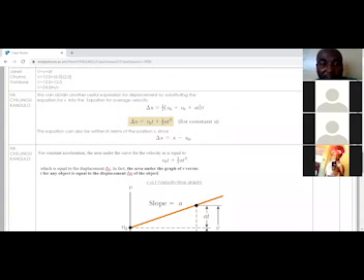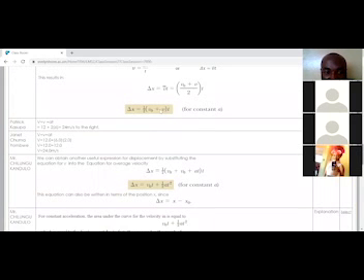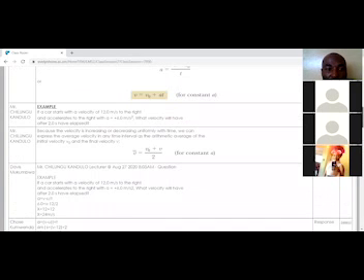So now, if that is the case, we get this expression here. Then we remember that this V from the first equation is equal to V naught plus AT. So we substitute.